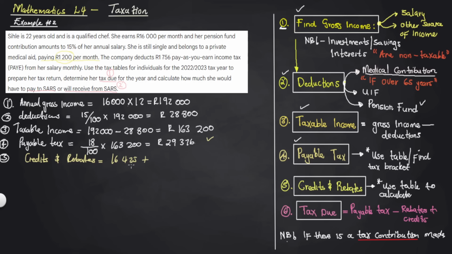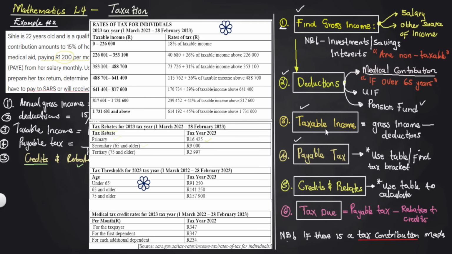So now we dealt with the rebates. Let's talk credits again now. Going back to this table, we can see the credits. For the taxpayer making a medical contribution, she's going to receive a credit of 347 per month.